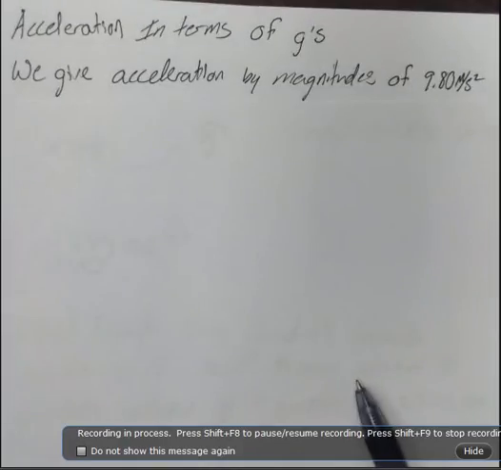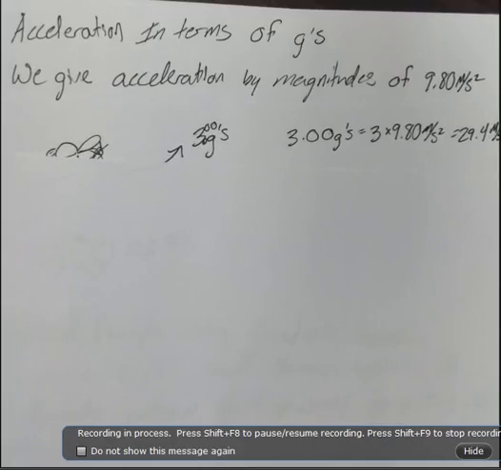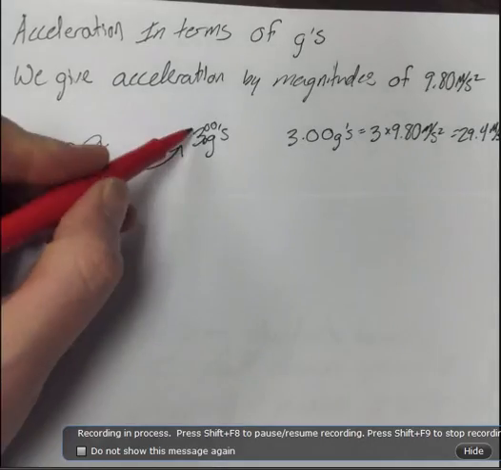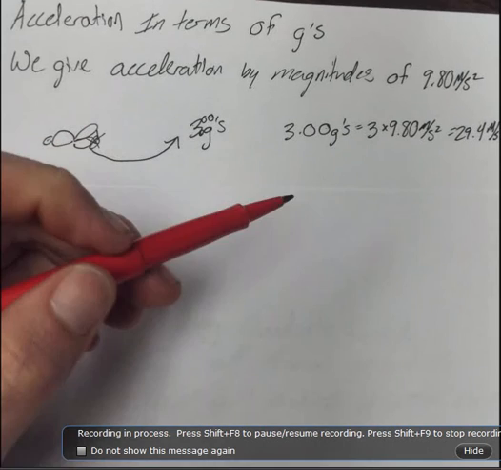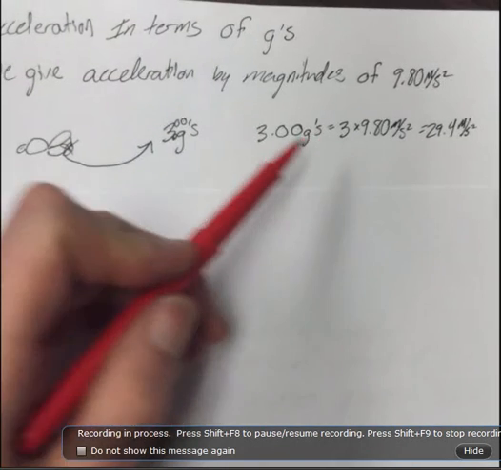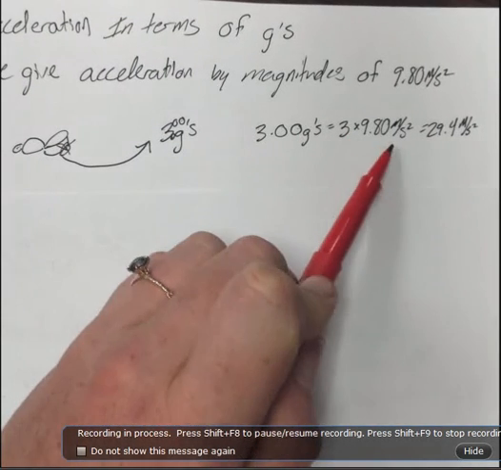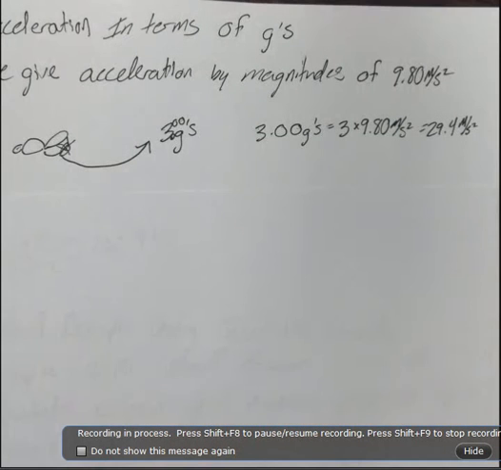There it goes. All right, so it's just acceleration in magnitudes of 9.8 meters per second squared. For example, if you've got an airplane that pulls out of a free fall, and it pulls 3 g's out of that free fall, that means that 3 g's is equal to 3 times 9.80 meters per second squared, or its acceleration was 29.4 meters per second squared.